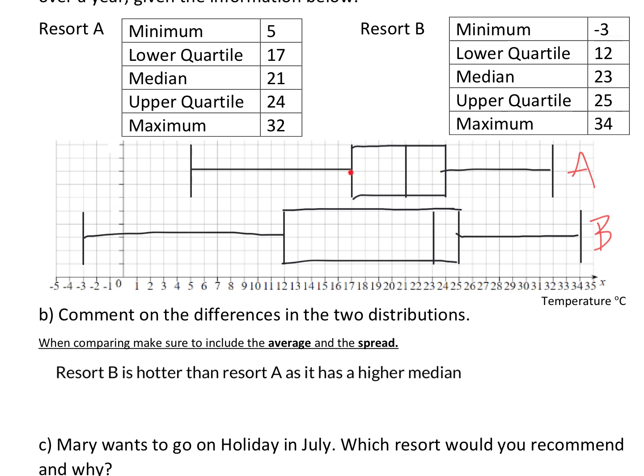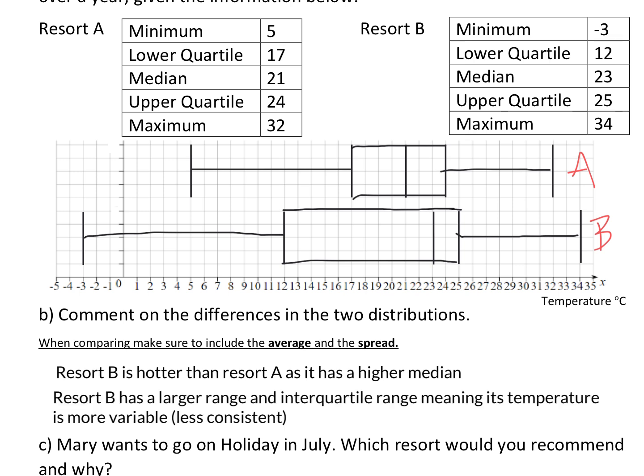The spread of that middle 50% in A is a lot smaller than the middle 50% in B. So you could use range, or you could say interquartile range, because they both indicate that B has got a larger range. I'll just summarize that in text here. So to summarize again, resort B has a larger range and interquartile range, meaning its temperature is more variable or it's less consistent.